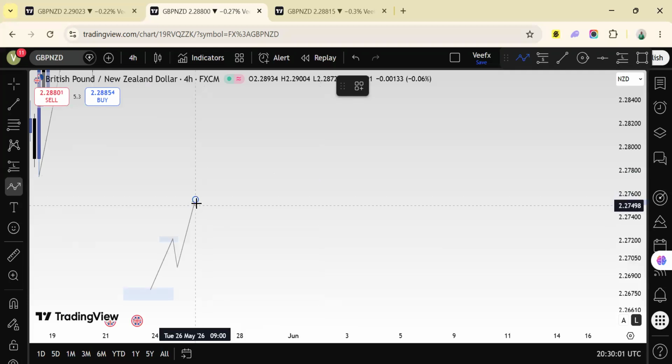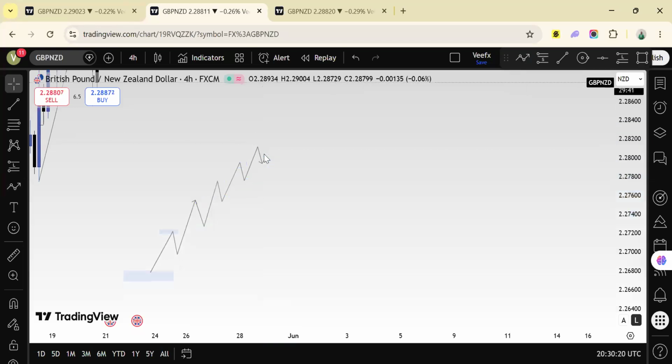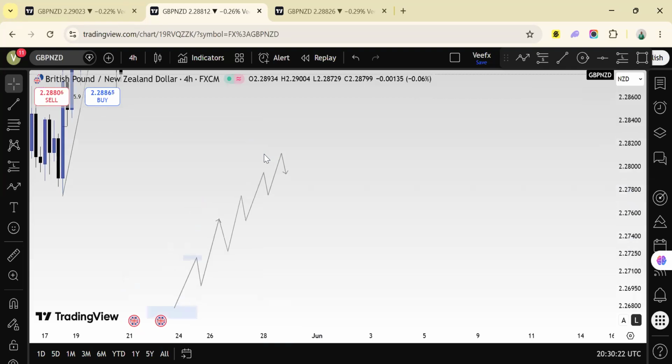Price must give you a new higher high and a new higher low. And it must give you a new higher high again and a new higher low, still maintaining that same trend. A new higher high, a new higher low, a new higher high, a new higher low. This is the pattern for an uptrend. An uptrend is made up of what?